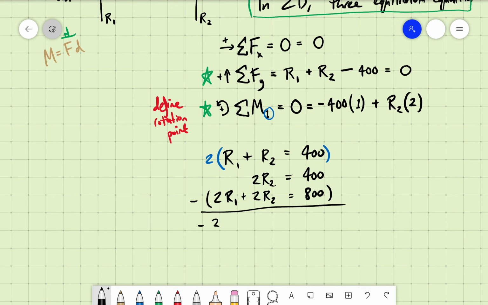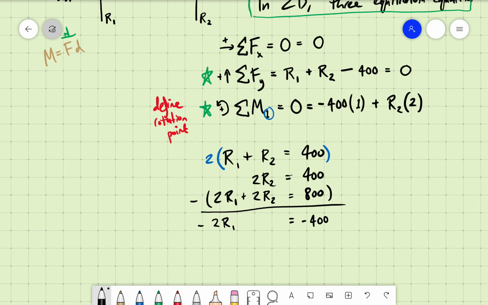And that will give us this. We just use the rules of algebra. 0 minus 2R1 gives us an answer of minus 2R1. 2R2 plus, minus 2R2, remember that negative carries through, that is going to zero those out, that will disappear. And then 400 minus 800 gives us negative 400. See what I'm doing there? I'm subtracting vertically.